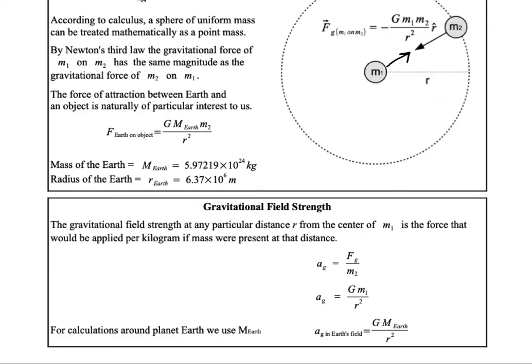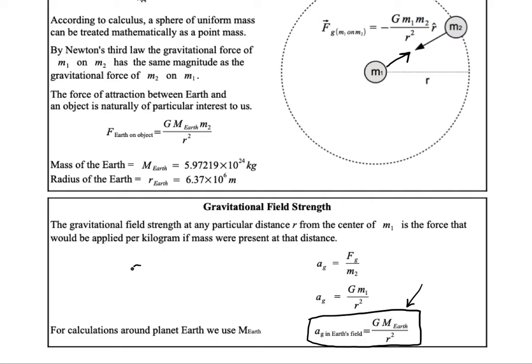And also, we can transform Newton's law into a rule for gravitational field. But when we write the law for gravitational field, we leave out the second mass. All we do is show the mass that's exerting the field, and we use the gravitational constant as well as the distance from that object.